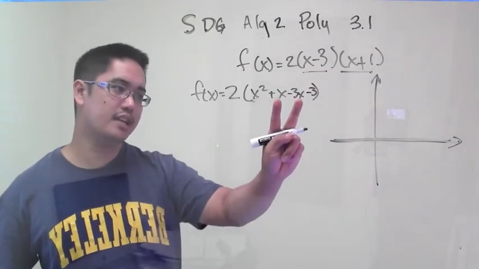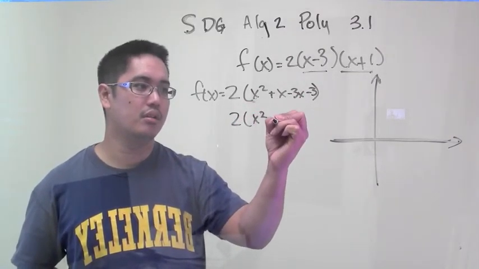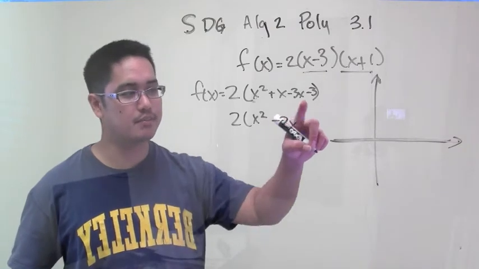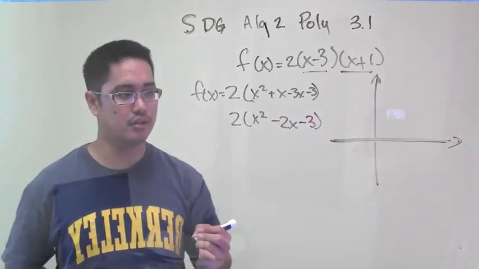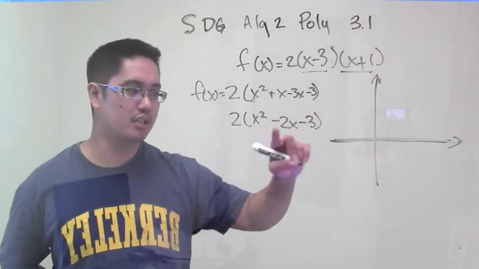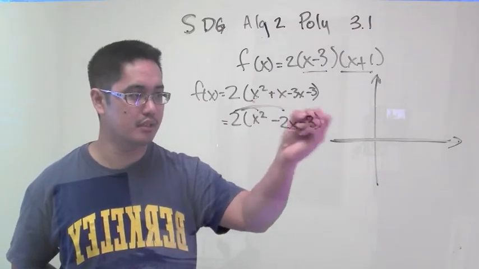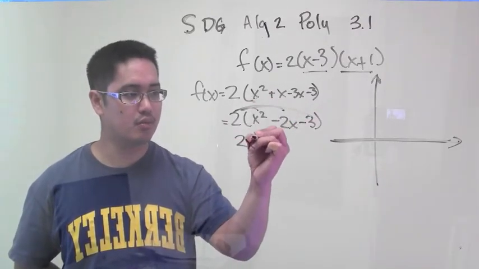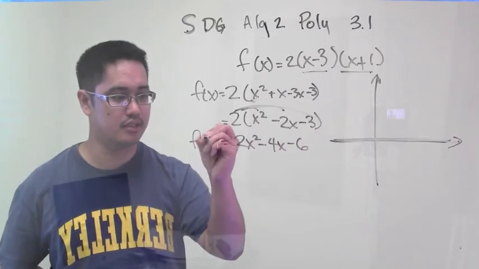Alright? These guys in the middle can combine, and so I have 2 times x squared minus 2x, because x minus 3x is negative 2x, minus 3. Put that right there. Then I can distribute in that 2 pretty simply, and so that would just be 2x squared minus 4x minus 6 equals f of x.